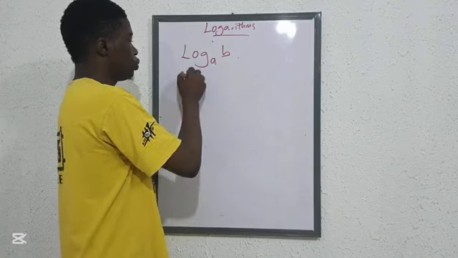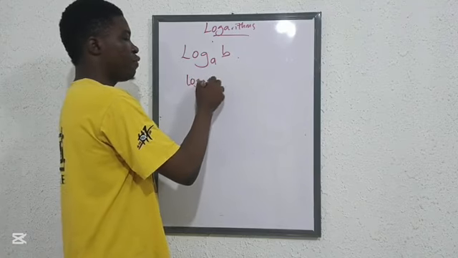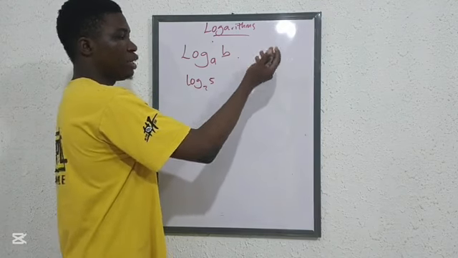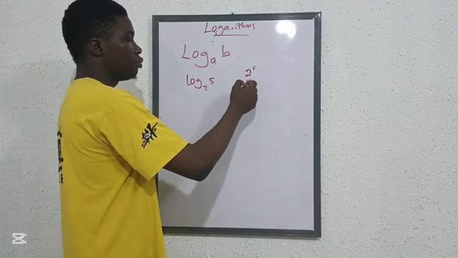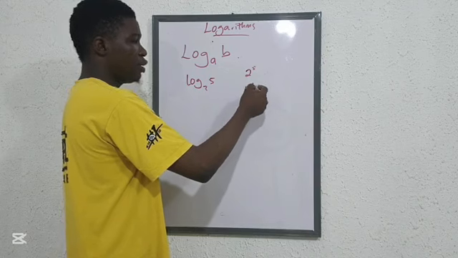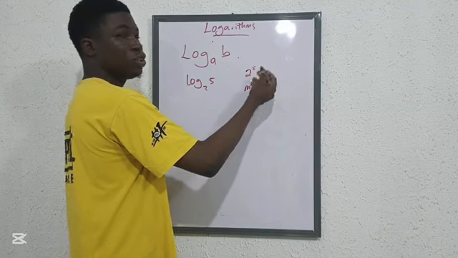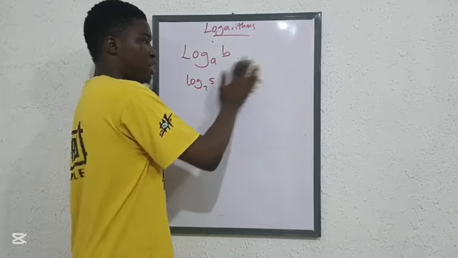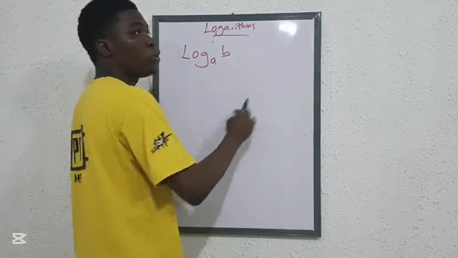For example, we have log 5 base 2. In indices, you have 2 raised to the power 5, or m raised to the power a times m raised to the power b. The laws of logarithms are also similar to those of indices, but I would say inverted.